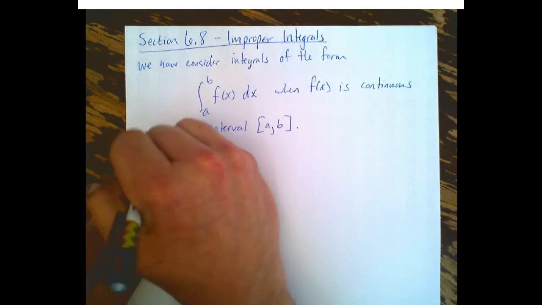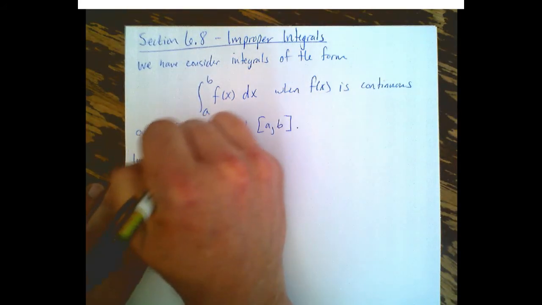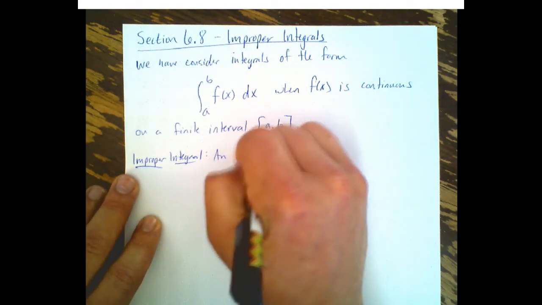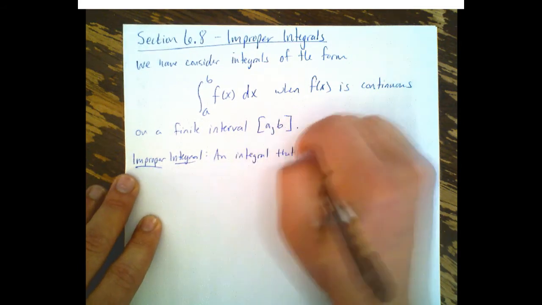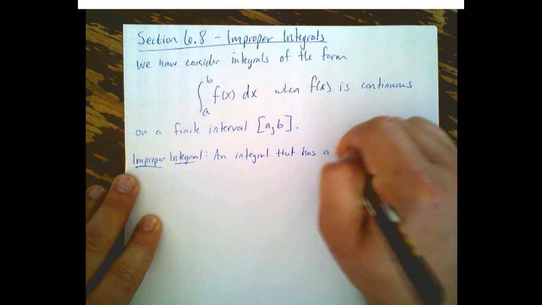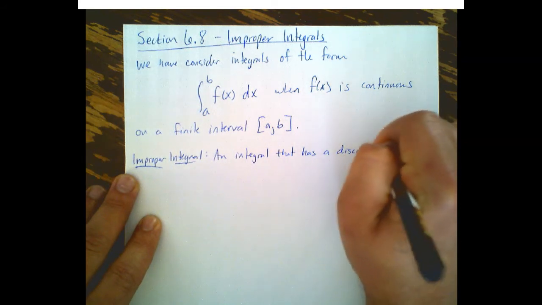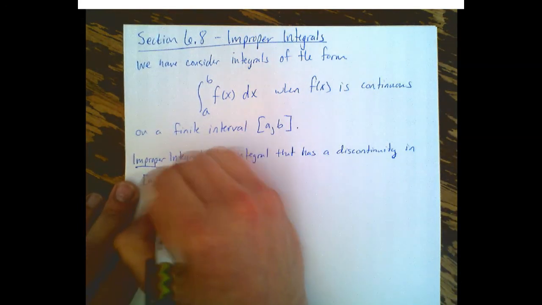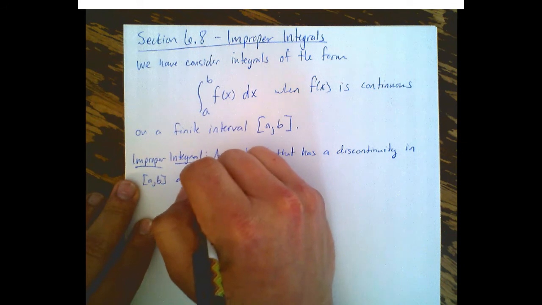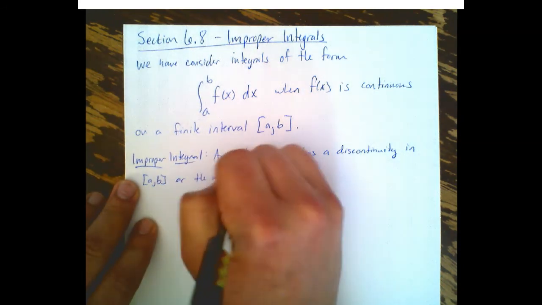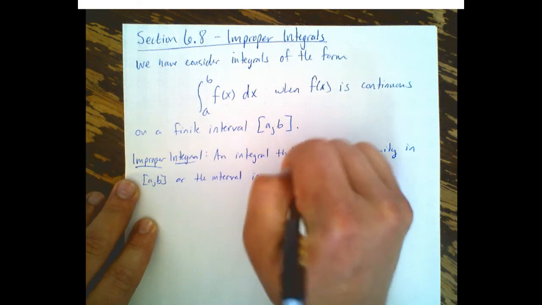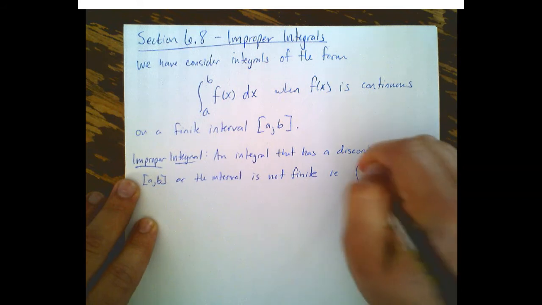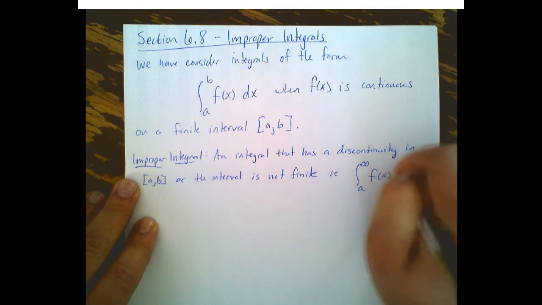So an improper integral is an integral that has a discontinuity in a to b, or the interval is not finite, i.e. we're looking at the integral from a to infinity of f of x dx.